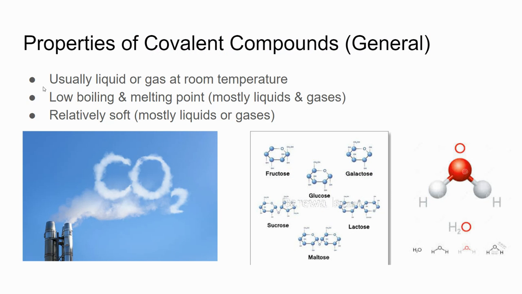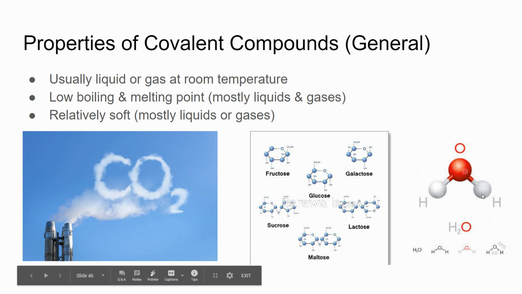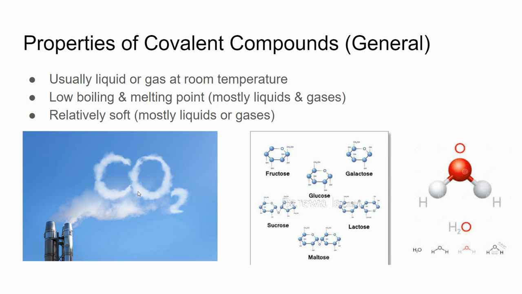Again, there are so many covalent compounds out there, thousands and billions of them. But in general, we have simple covalent compounds, small ones like CO2, H2O, carbon dioxide, water, or dihydrogen monoxide.